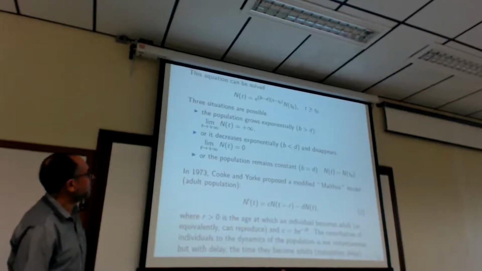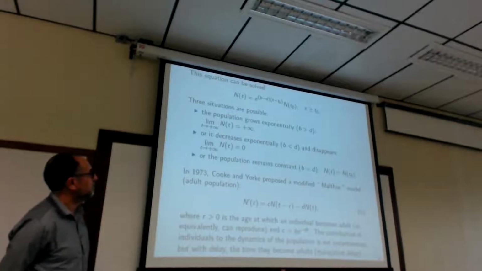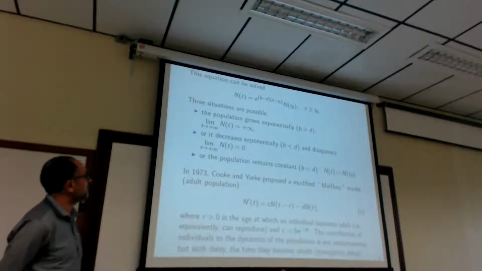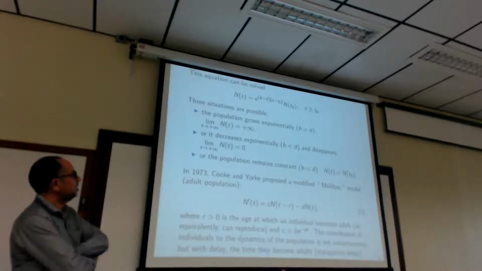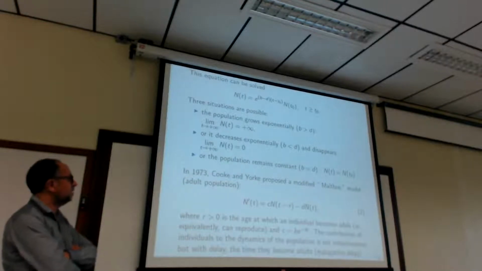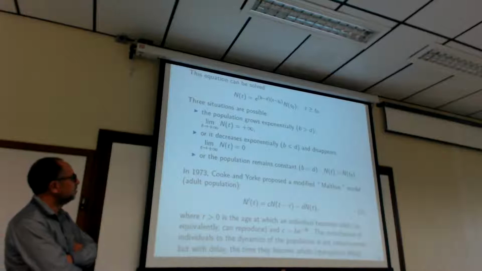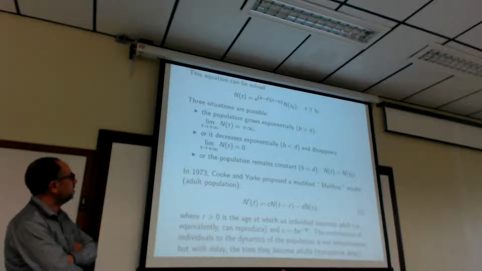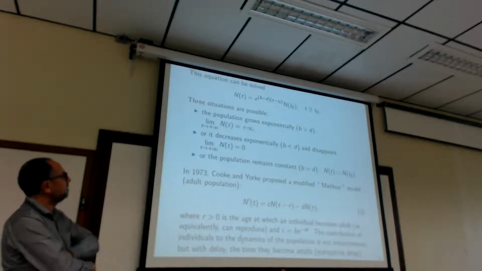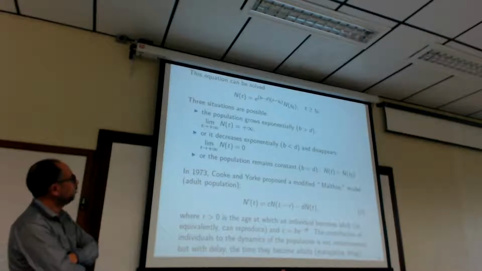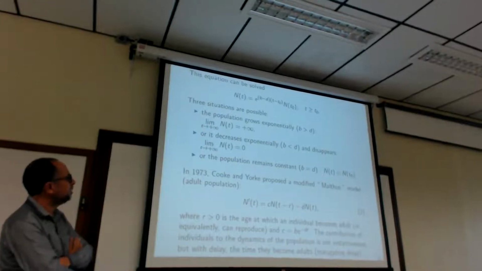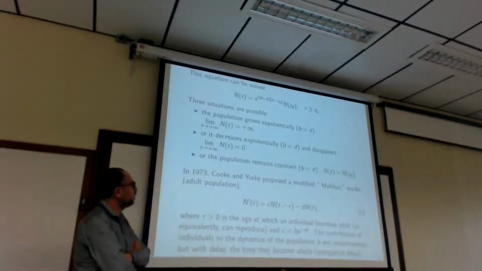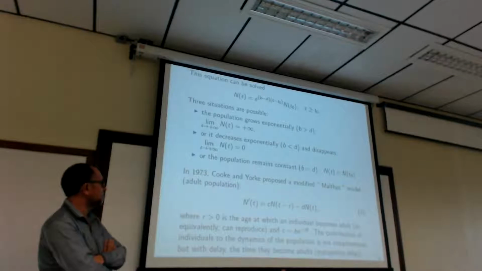The first one: if you have B greater than D, then the population will grow exponentially to plus infinity. If you have the mortality rate bigger than the birth rate, you will also have an exponential, but now it decays. The population will go to 0 and disappear. And if you take the rate B equal to D, the population will remain constant.